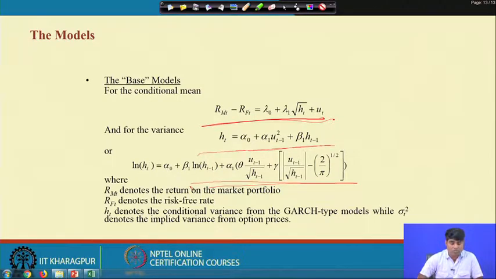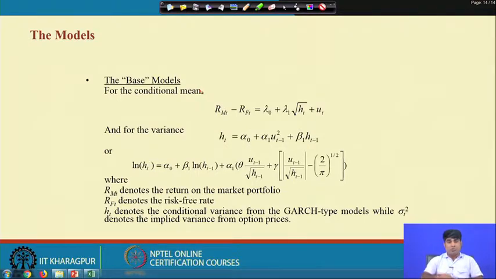Now, it is actually an extension of the capital asset pricing model. Rt is the return on the market portfolio and Rf denotes the risk-free rate. Sigma squared t denotes the conditional variance from the GARCH type models, while the other term denotes the implied variance from the option prices. This kind of model is highly useful for financial engineering, the way I have already highlighted.